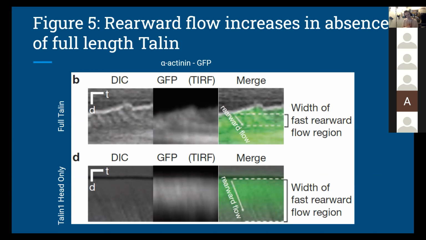Then it'll recede back maybe a little bit, but it'll still have spread out to some extent. Whereas with tail and one head, it recedes right back, increasing that zone of flow. It's making the zone of flow bigger.